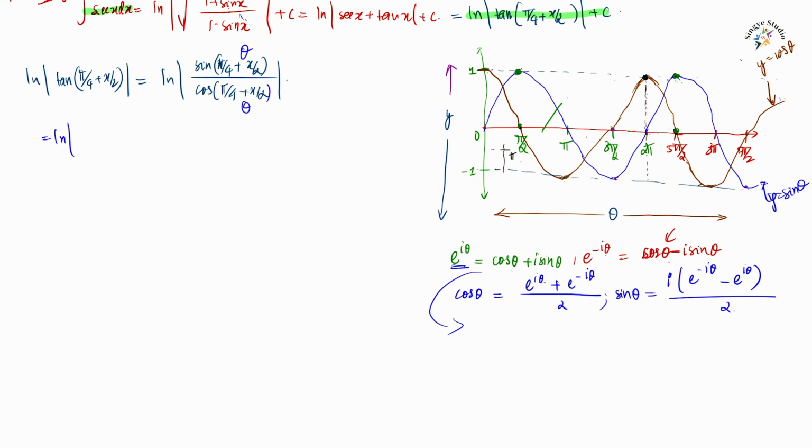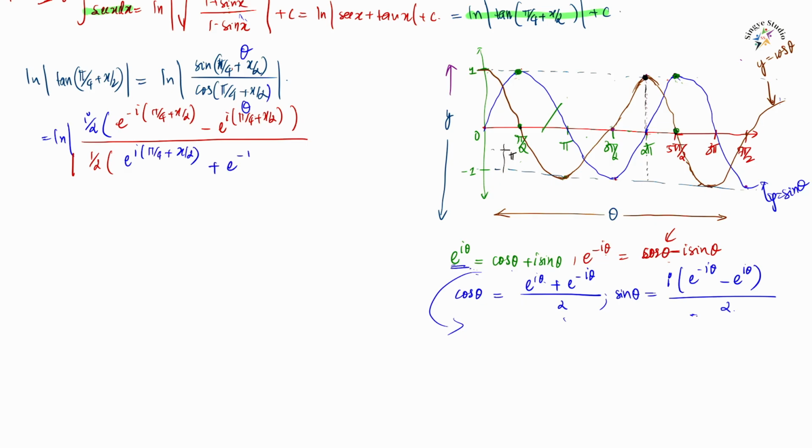Therefore, from this we can say that sine theta can be written as i by 2 times e raised to negative i (pi by 4 plus x by 2) minus e raised to positive i (pi by 4 plus x by 2), divided by 1 by 2 times e raised to i (pi by 4 plus x by 2) plus e raised to minus i (pi by 4 plus x by 2), plus c, right?